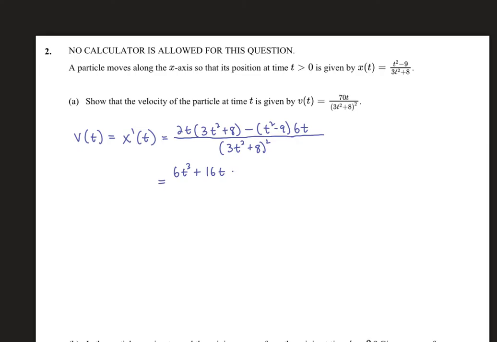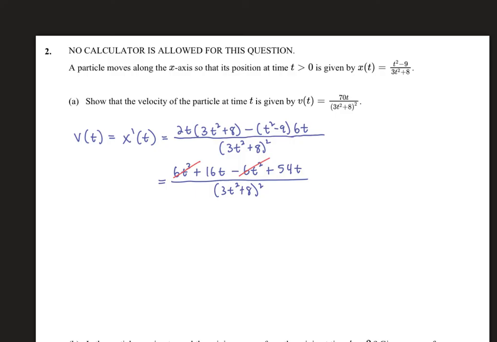Okay, and then it's going to be a minus 6t cubed, and then really a plus 54t. This minus will distribute to the 9 to make it a plus 9, and then this 6t will distribute to that. So that'll be a positive. Okay, and then those cancel, and you see how you get that.